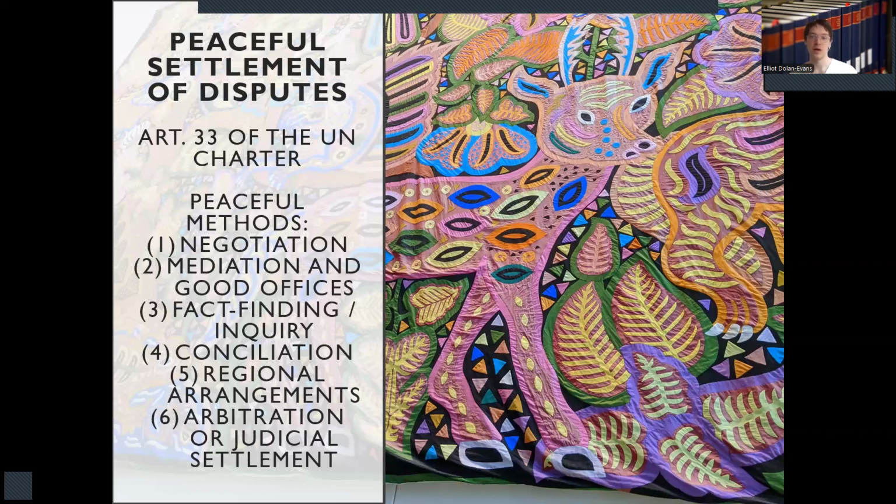But if there are disputes or disagreements between states which are just of a technical nature, and they still enjoy friendly relations with each other, that might not fall into this category of disputes which the UN Charter is concerned about.